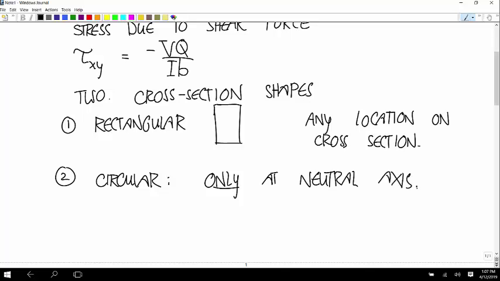And since we can only calculate that along one line on the cross section, there's only one possible value for the Q that we're calculating.